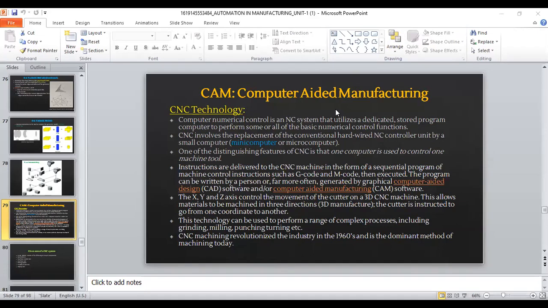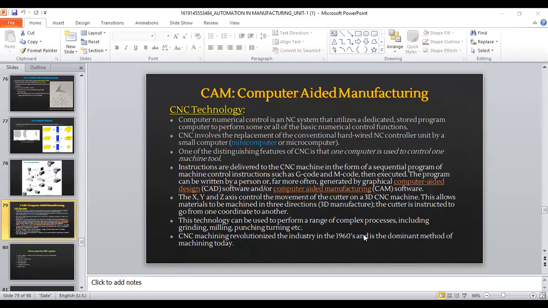Which tool to use and how should the tool move, and coolant, etc. All of that information is in the program of instructions. So that is fed to the CNC as an input, and with a mini computer that is attached to that CNC, right? You are able to execute those instructions. That's what we saw, right?